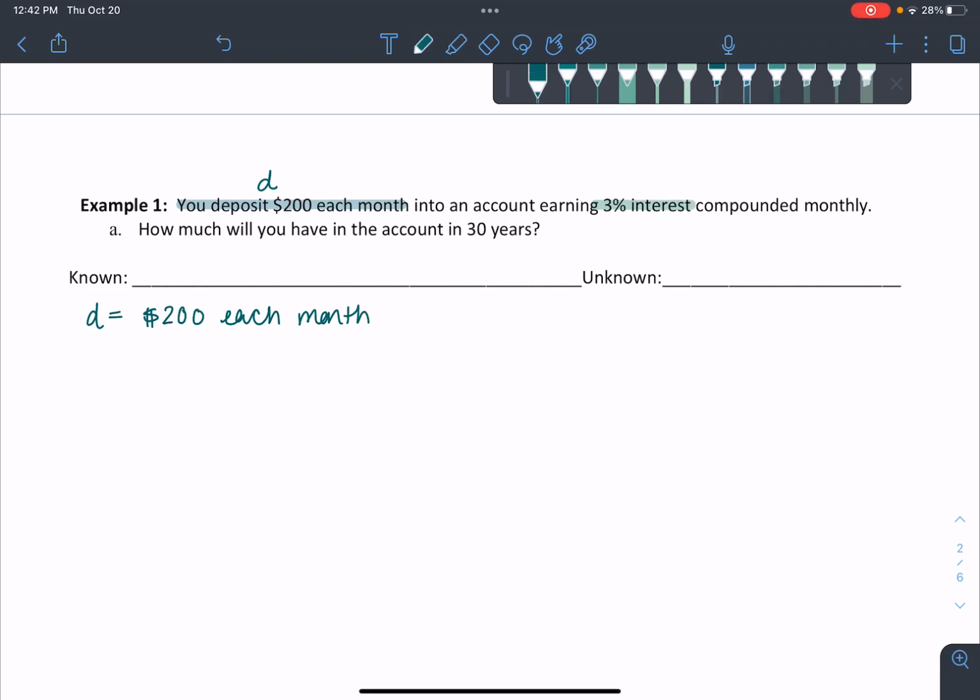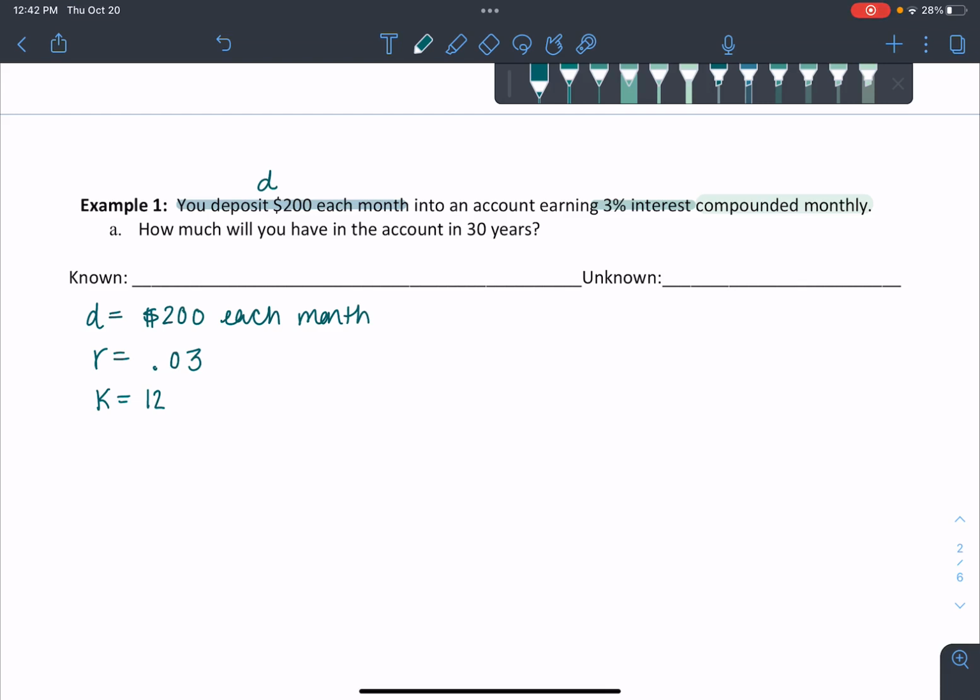So that's going to be my R. And we always write it as a decimal, right? So that's why we're writing 0.03. And then compounded monthly. And if it's compounded monthly, that is going to mean that every single month of the year, we are compounding. And that means if there's 12 months in a year, we are compounding 12 times, okay?